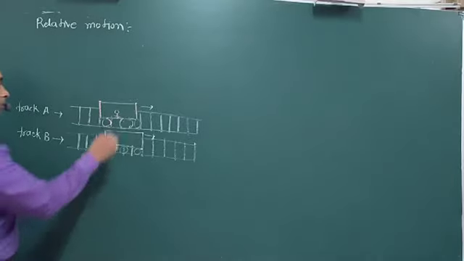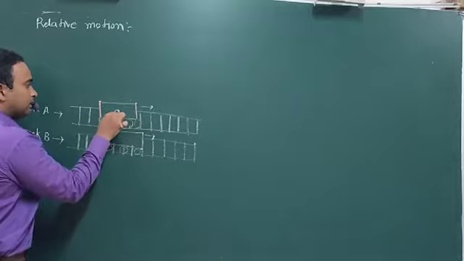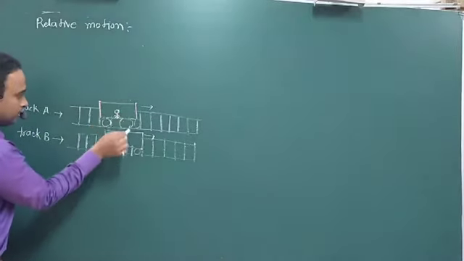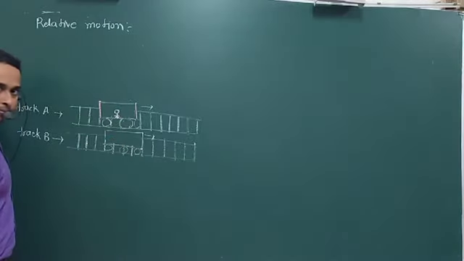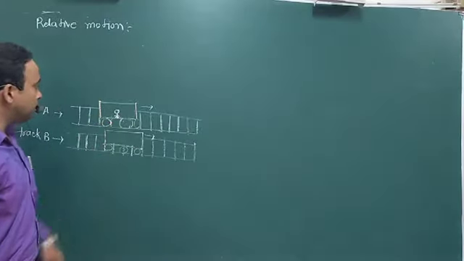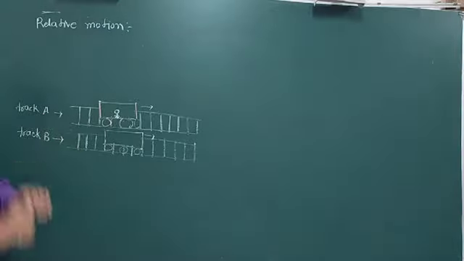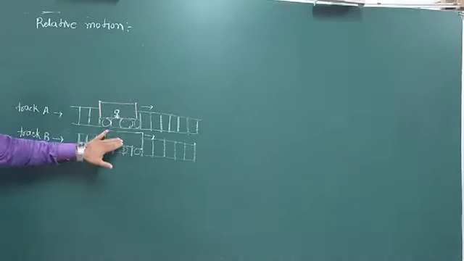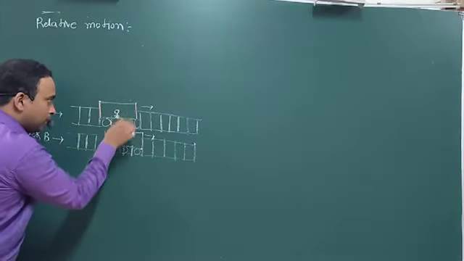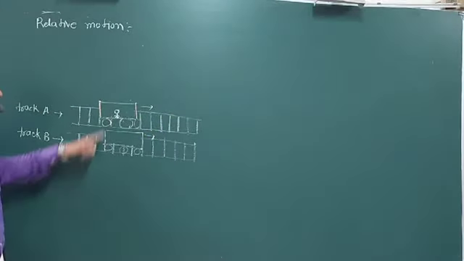Now you are in train A, and then you see the other train. Then you understand that both the trains are at rest. When you see this train, the speed of both the trains is the same, both traveling in the same direction, and you are sitting here.